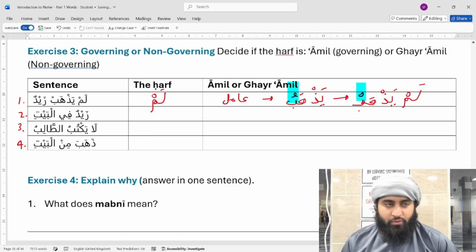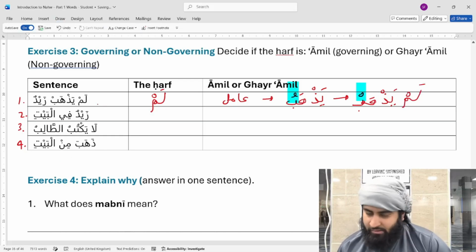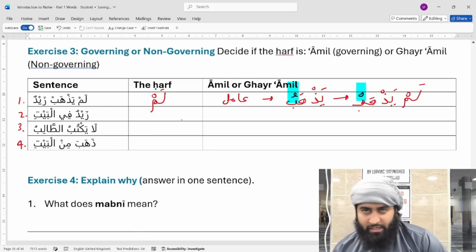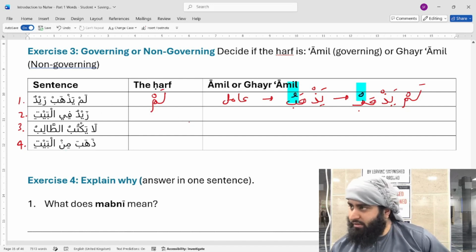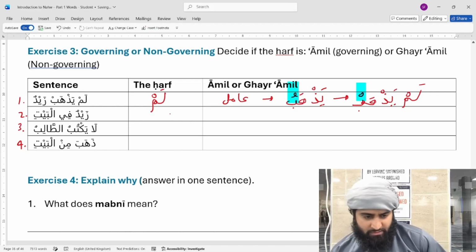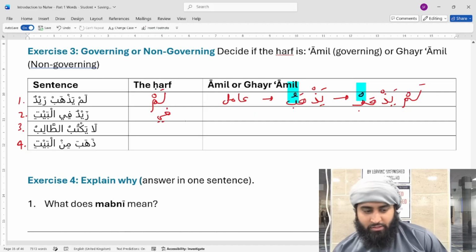Okay, Zaydun fil bayt. Zayd fil bayt. Fil bayt. Is there a harf there? Fi, yes. Number one. Okay. Amil or ghair amil? MashaAllah. So he changed what al bayti, look.